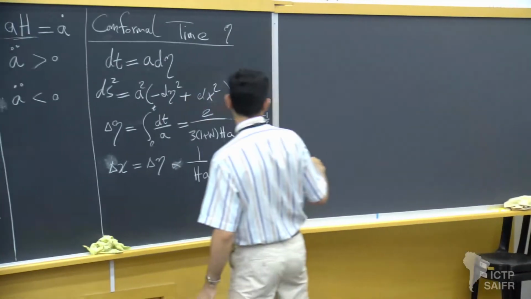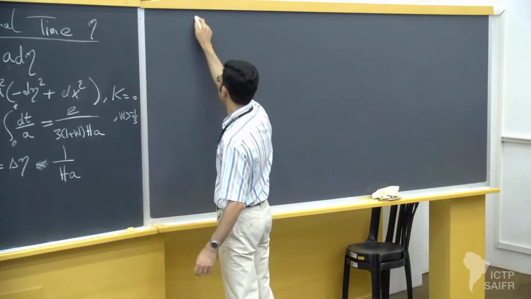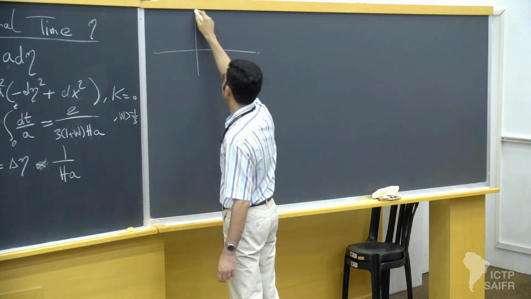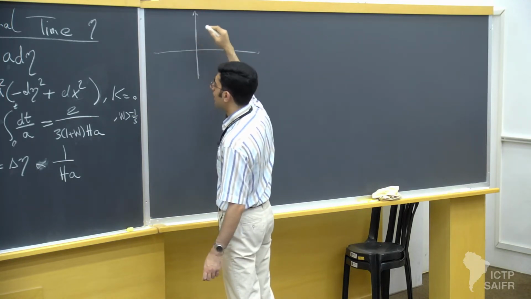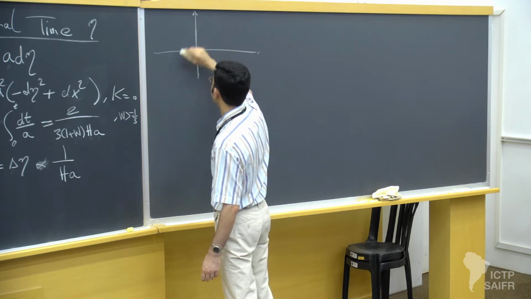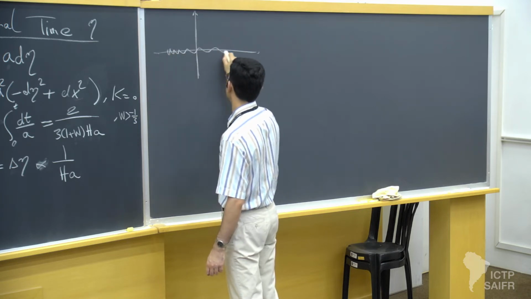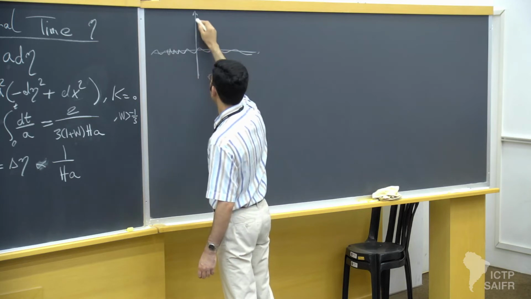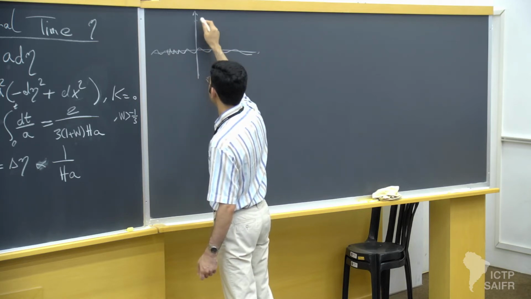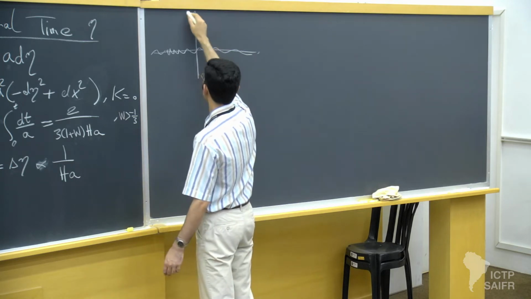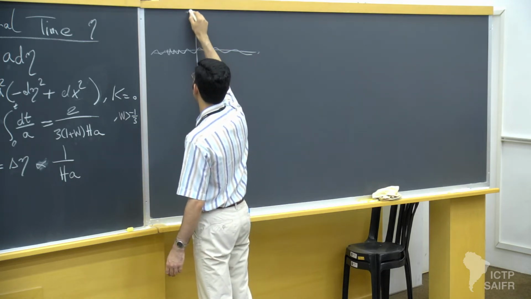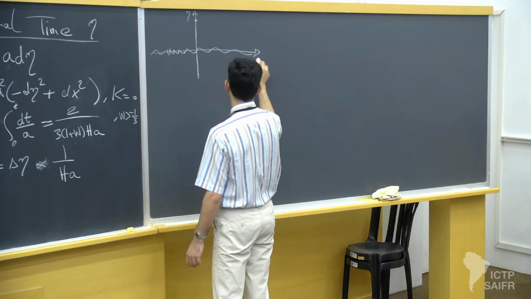Now we encountered the second problem of the hot Big Bang cosmology, which is that now here it's very easy to see. I didn't even need to say much about these things, because in conformal time, I can just draw pictures.